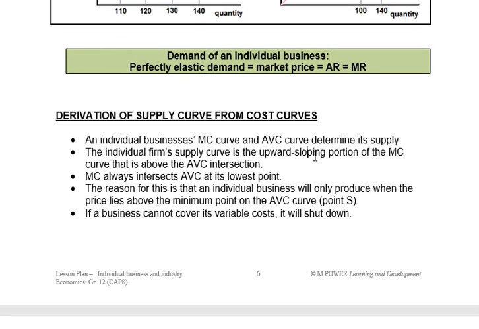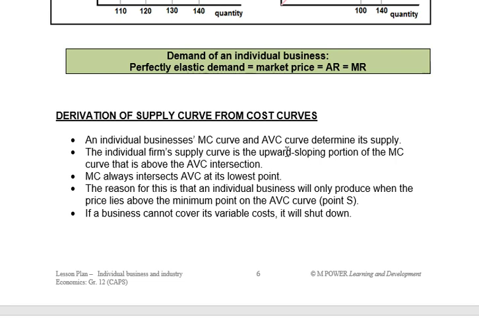If we now look at the supply curve of the individual business, this is something that is very important for you to know. When we look at where to find the supply curve for the individual producer, we need to find the marginal cost curve and the average variable cost curve.